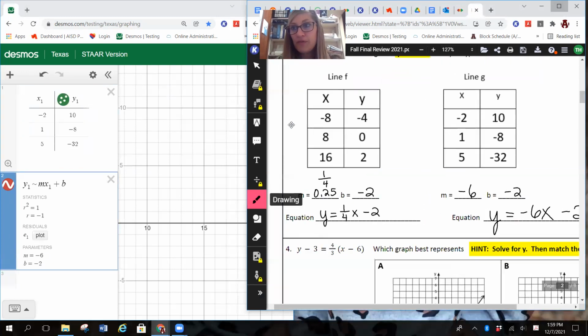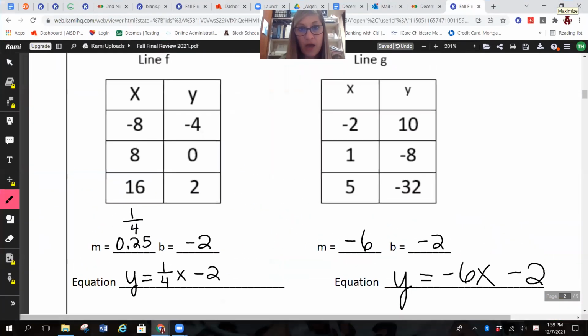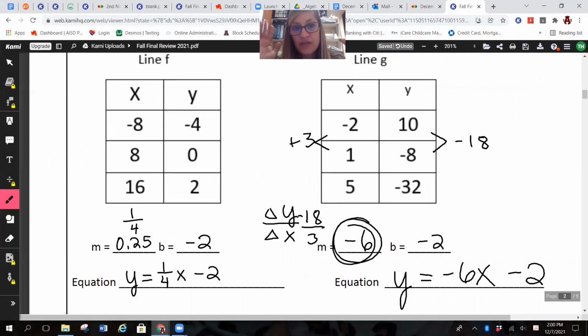Again, if you didn't use Desmos, remember you can see that 10 to get to -8 is minusing 18. And from -2 to get to 1 is adding 3. Remember, it's change in y over change in x, and -18 divided by 3 is what number? -6.